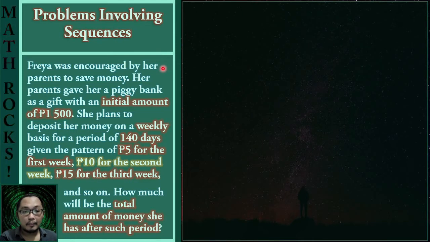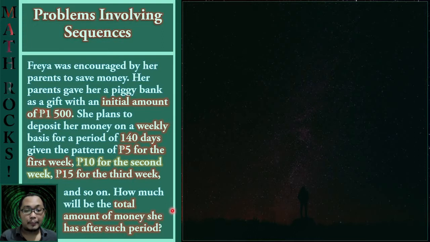For our first problem, Rhea was encouraged by her parents to save money. Her parents gave her a piggy bank as a gift with an initial amount of 1,500 pesos. She plans to deposit her money on a weekly basis for a period of 140 days, given the pattern of 5 pesos for the first week, 10 pesos for the second week, 15 pesos for the third week, and so on.